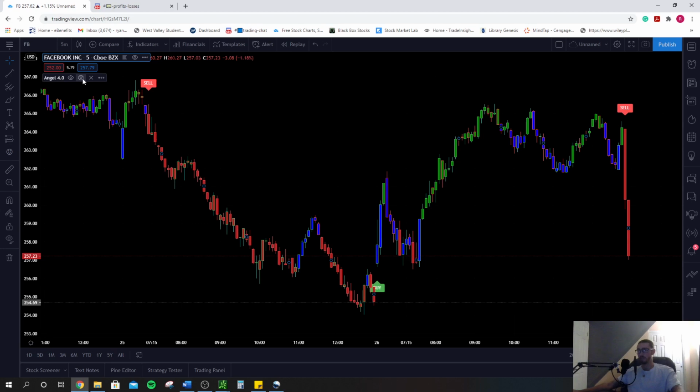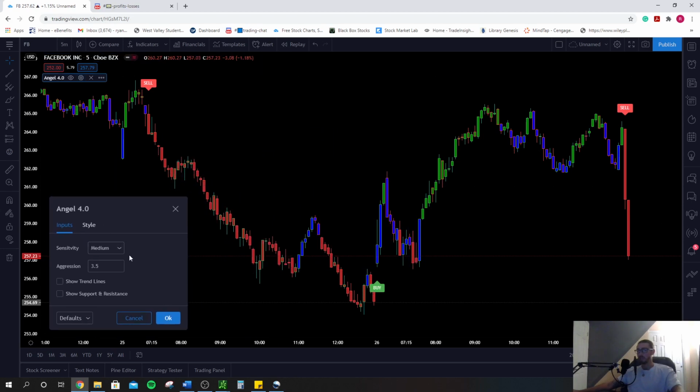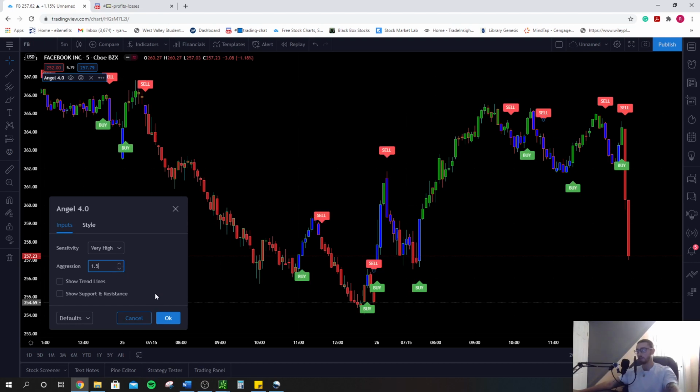Now, moving to the first settings that we can edit with the algorithm, we have sensitivity, aggression, show trend lines, show support and resistance. Right now we have the sensitivity on medium. If we move this to very high, we're going to get slightly more signals. If we move the aggression to, let's say, the lowest setting at 1.5, we're going to get even more signals.